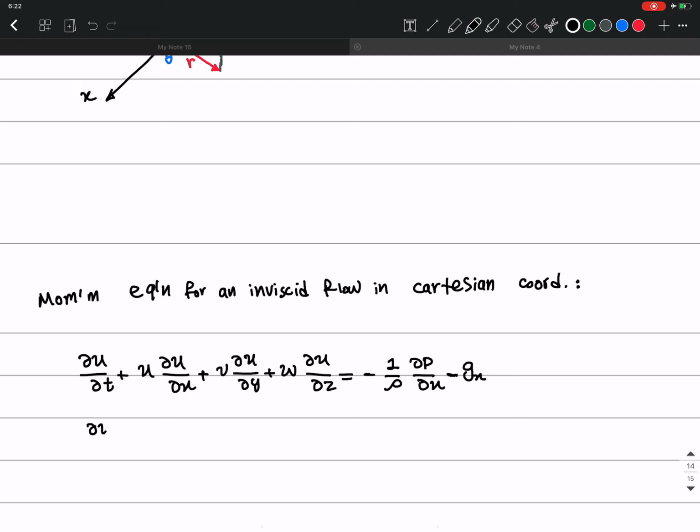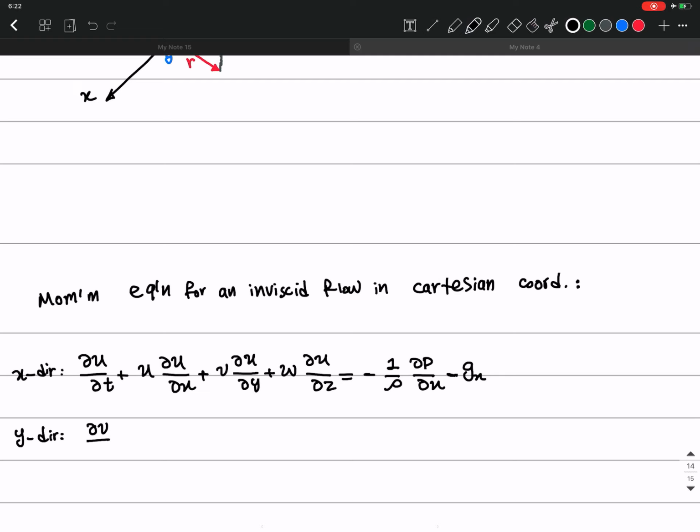And remember, this is just the Euler's equation, but now I'm writing all the three components. This is in the x direction. This is in the y direction.